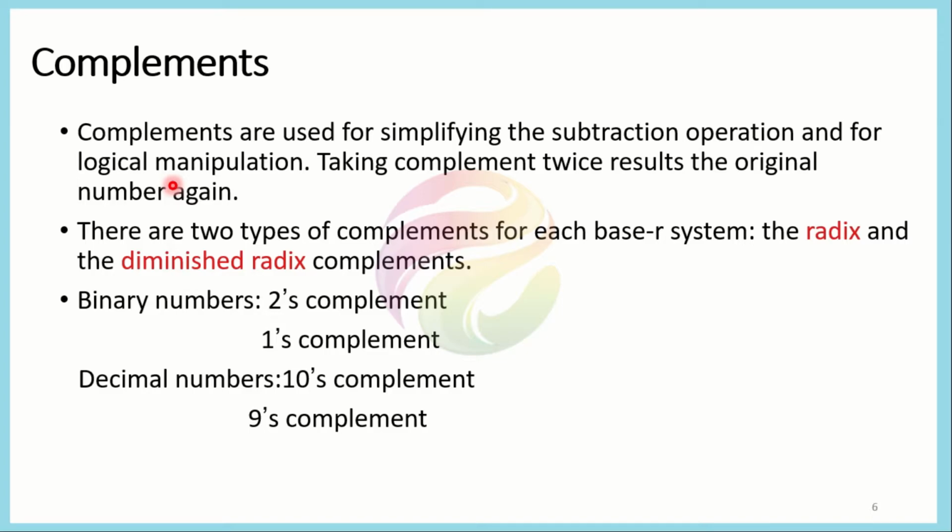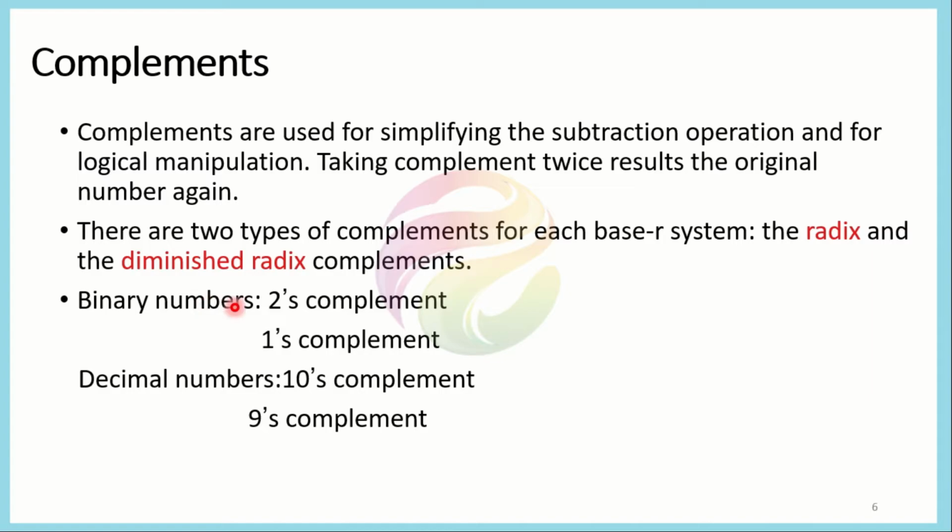The first one is known as the radix complement or the R's complement, and the next one is the diminished radix complement, which is also known as the R minus 1 complement. So for any given number system, we generally calculate these two different types of complement.